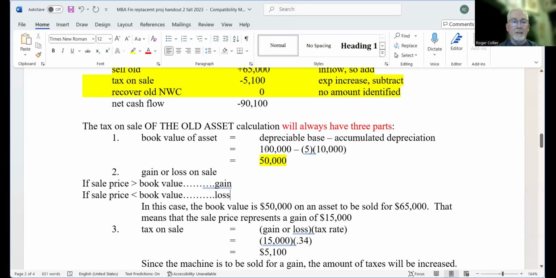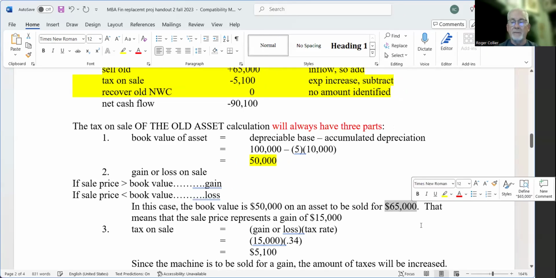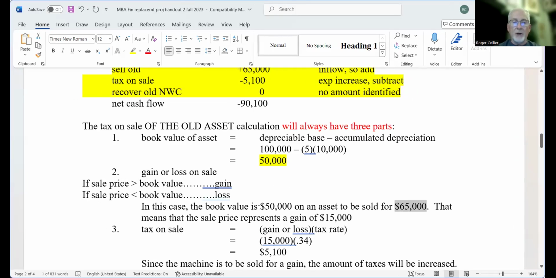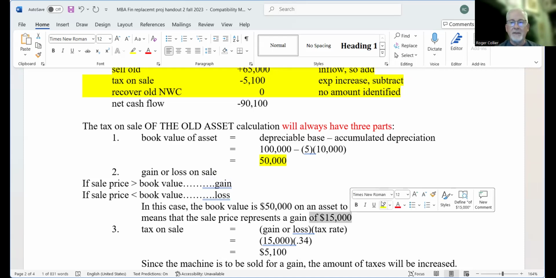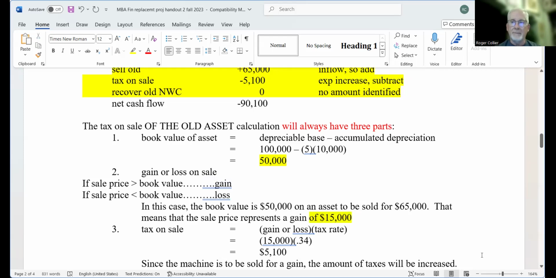So in this case, they expect to sell it for 65 with a book value of 50. So the sale price is greater than the book value. We have a gain. And the amount of the gain is the difference between the sale price and the book value. In this case, 15,000 gain.